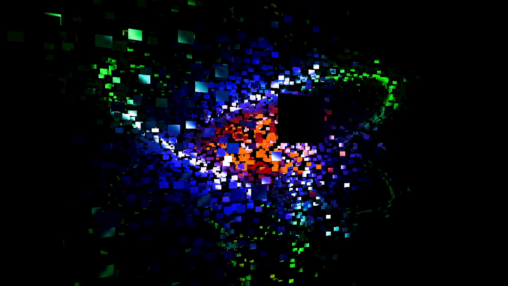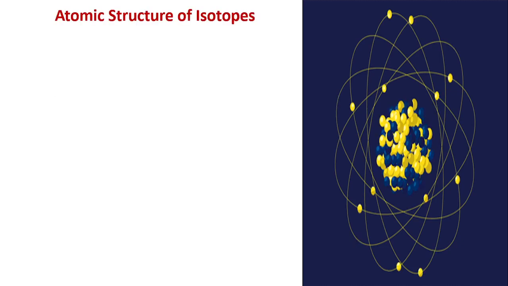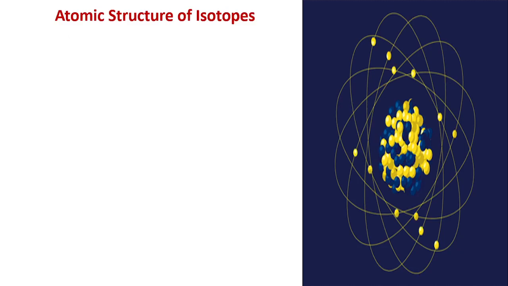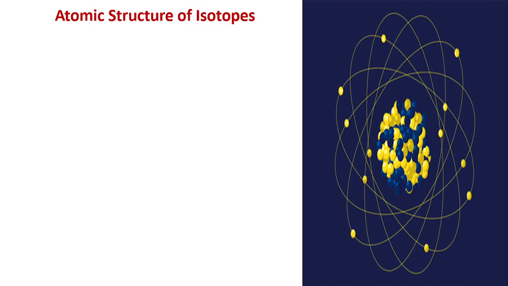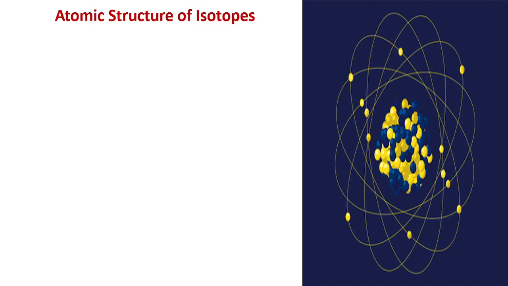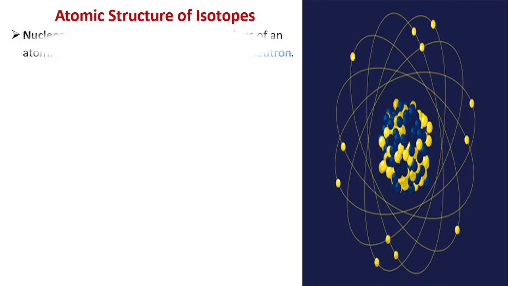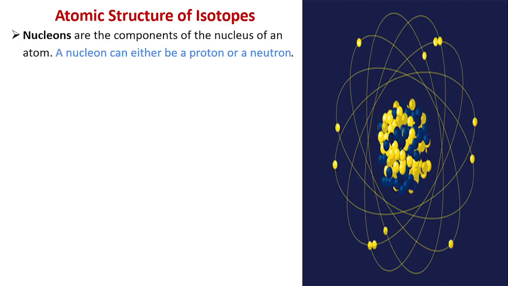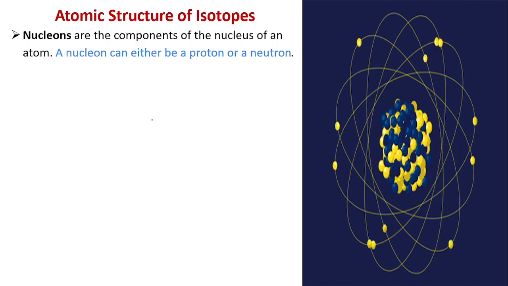So let's quickly look at something that is a bit different, which is the isotopes. Basically, I'm going to explain the structures of isotopes, what they are, and how you can know that these are isotopes. When we go into detail, we need to understand one thing which I just mentioned, and this is the nucleons.